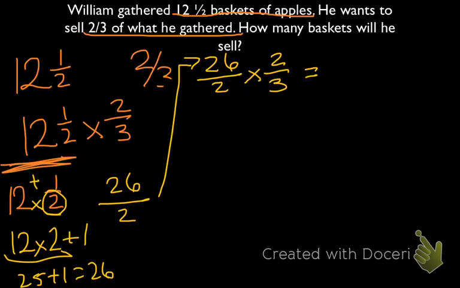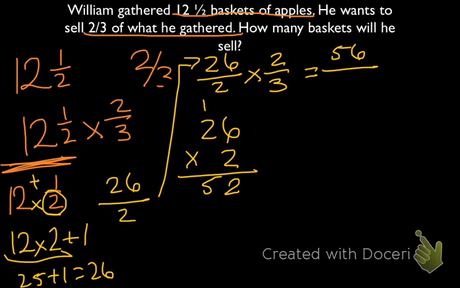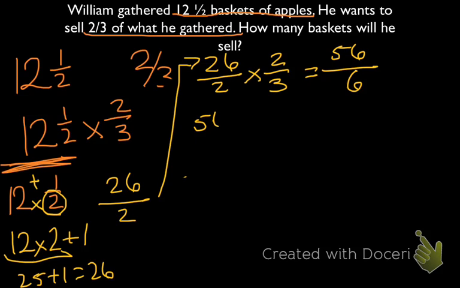So 25 times 2, some quick math here, 2 times 5 is 10, 2 times 2 is 4, plus 1 is 5. So 25 times 2 is 50, and 2 times 3 is going to be 6. So our answer is 50 sixths baskets.